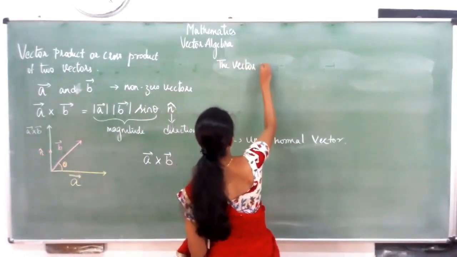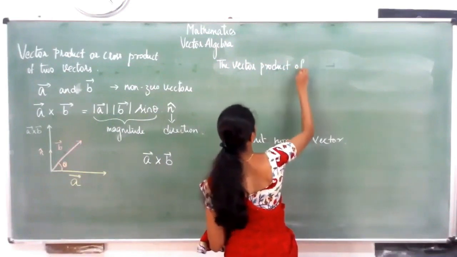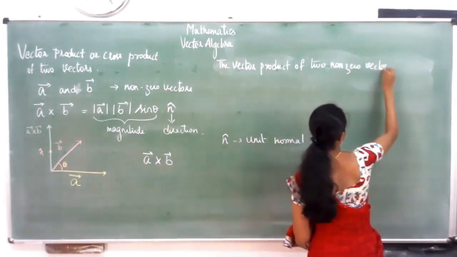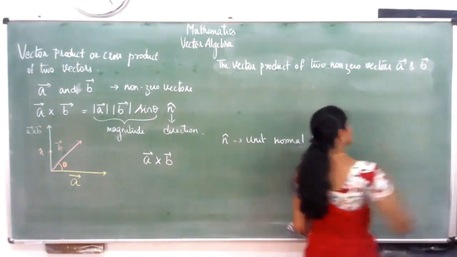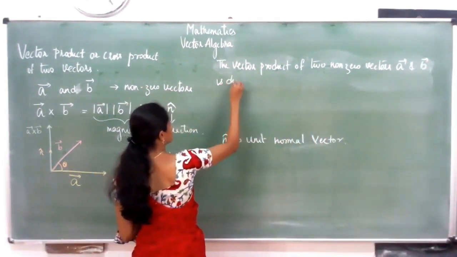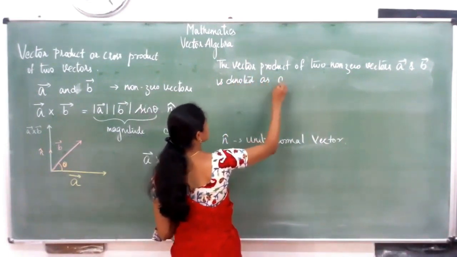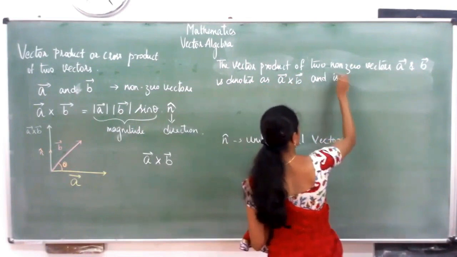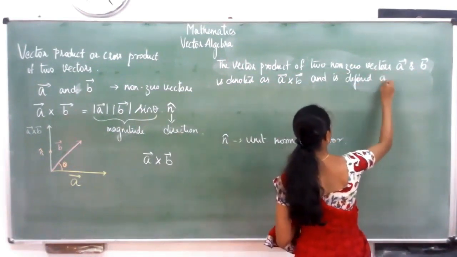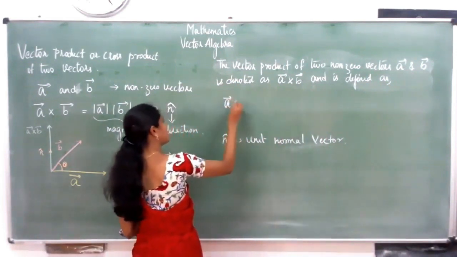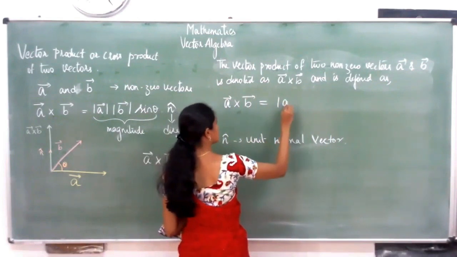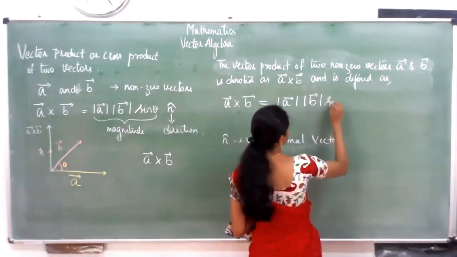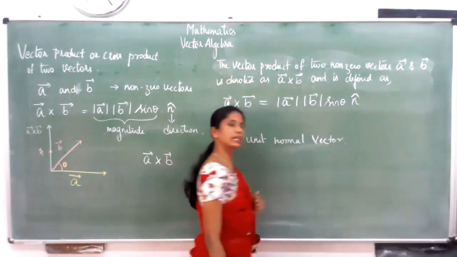The vector product of two non-zero vectors, vector A and vector B, is denoted as vector A cross vector B and is defined as: vector A cross vector B is equal to magnitude of vector A into magnitude of vector B sin theta into n cap.